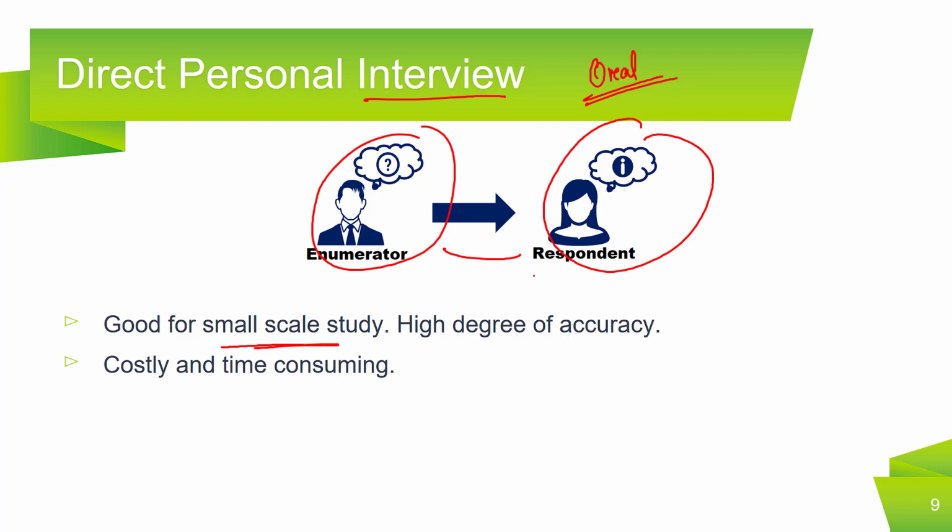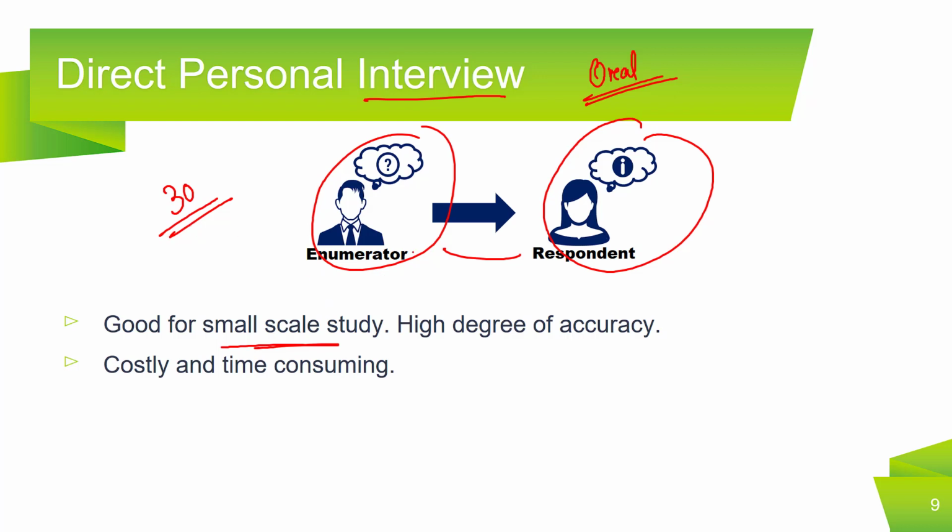So this is good for small scale study. If you have to visit the people yourself, then obviously every visit will require some amount of money and some amount of time. So if your study is small, let's say you have to visit only 30 people, or even less than 30, then it is preferable. You can go and question those respondents yourself.